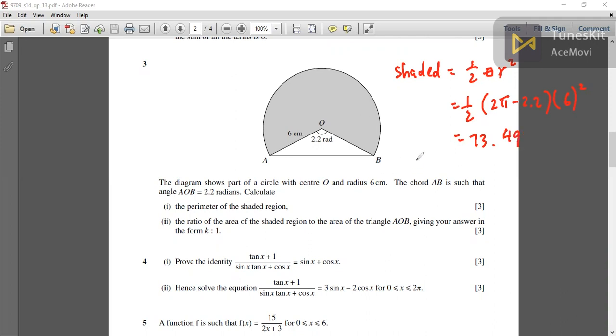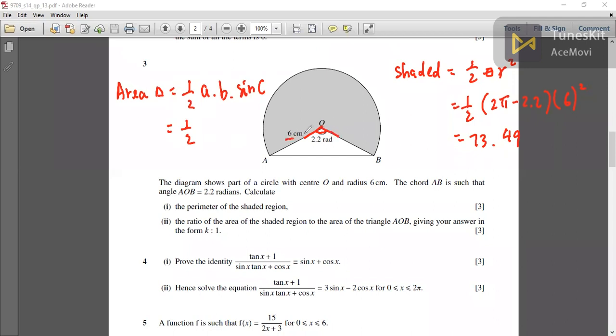And the triangle, remember the triangle area will be half a times b times sine C. We have the angle here 2.2, so we shall use the sine of this angle.